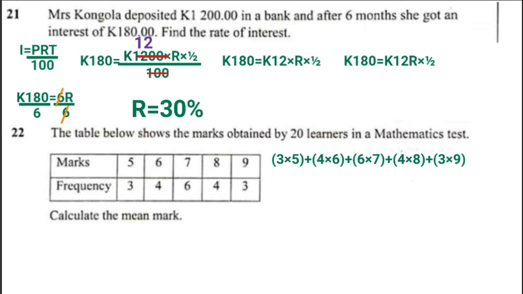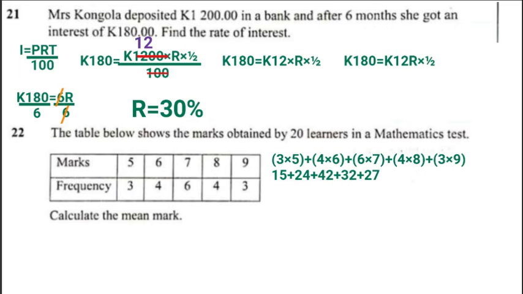Now we can find the products. 3 by 5 will give us 15, 4 by 6 will give us 24, then 6 by 7 will give us 42, then 4 by 8 will give us 32, then 3 by 9 will give us 27.